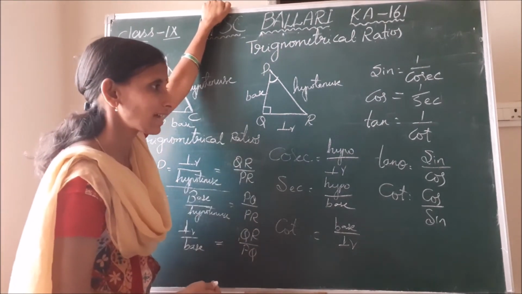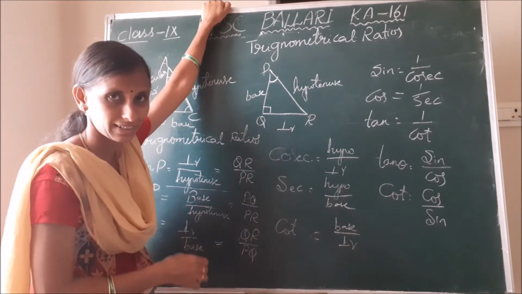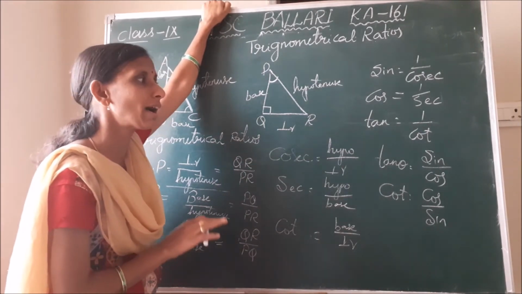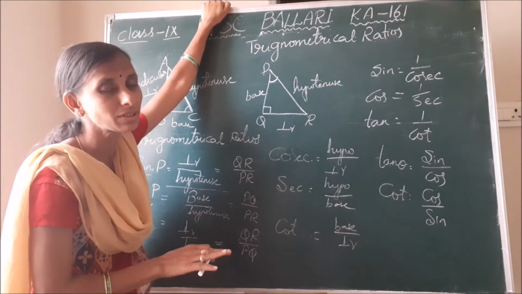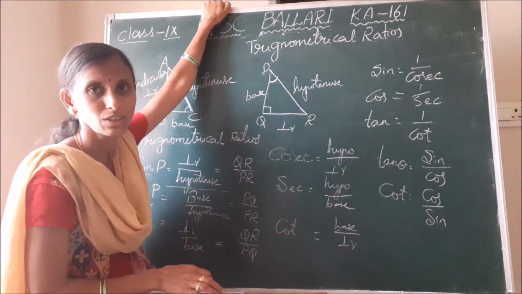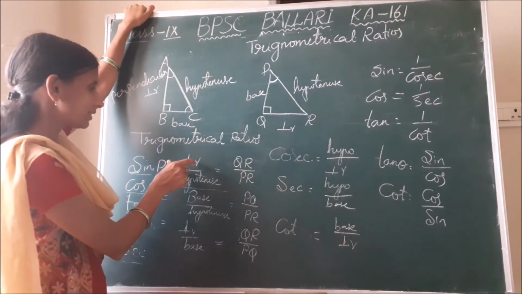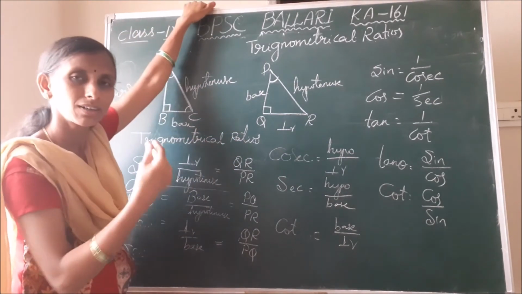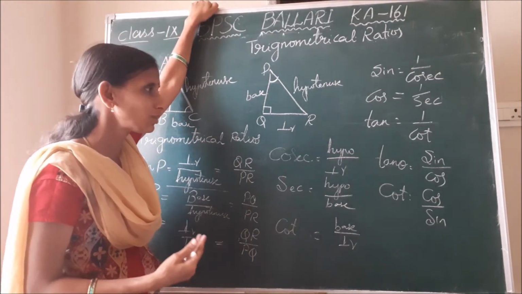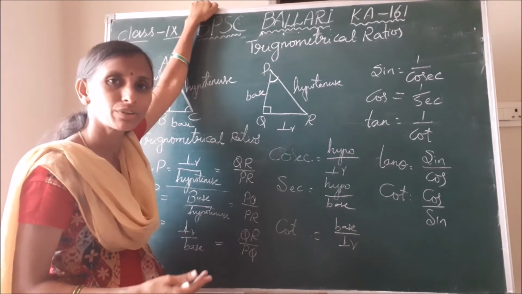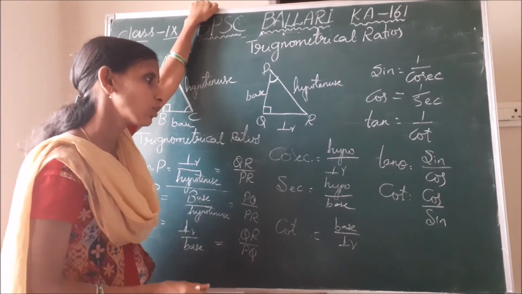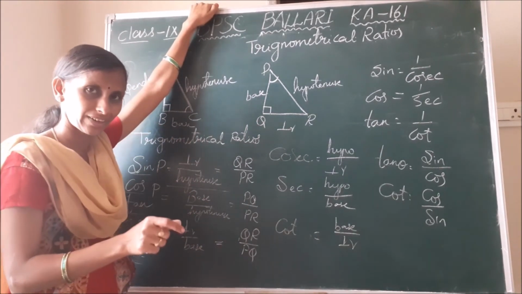So this is about trigonometrical ratios, and these things you have to remember. Unless you remember, we can't do this. So from the starting, you have to learn this till you are able to solve it on your own.